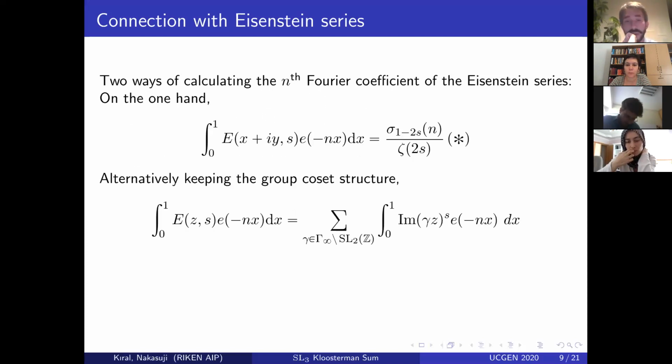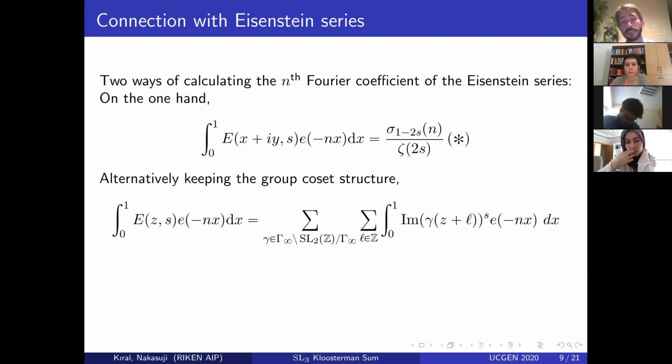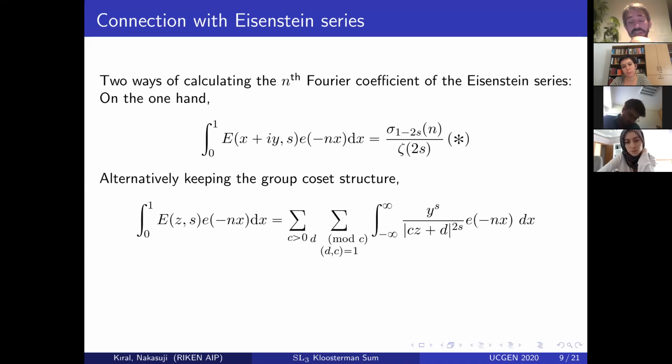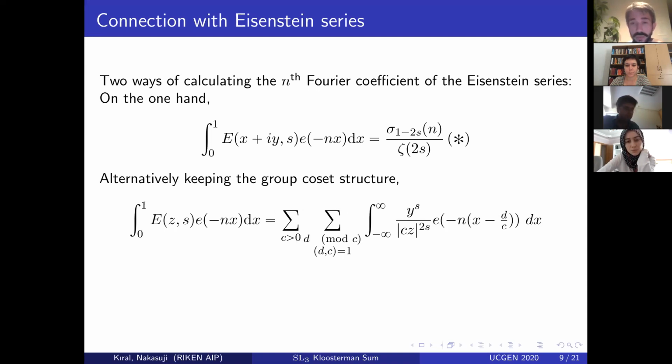If I divide on the right also by gamma infinity, the thing that changes is that I still have the C and D, the bottom row determining it, but not all D, I only have D modulo C. Anything D plus a multiple of C would be in the same double coset. Okay, the next move is to make a change of variables.